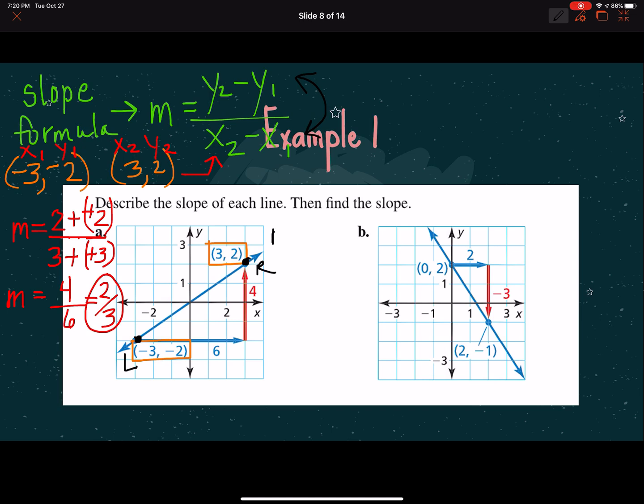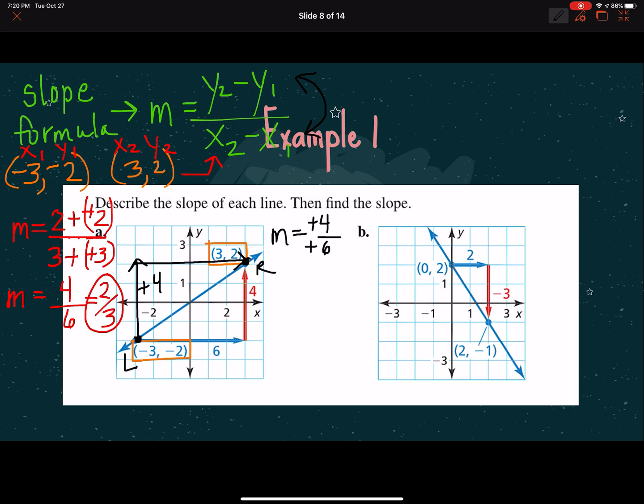So if I were just counting, and I counted from the left point to the right point, that is up how many units? 1, 2, 3, 4. So that's a change of positive 4 units, or just 4. And over x is counting over 6 units.